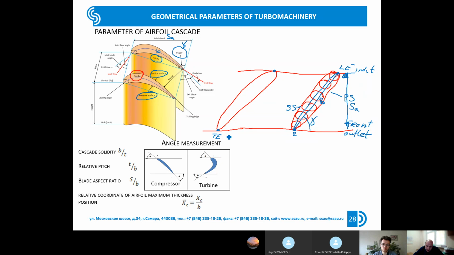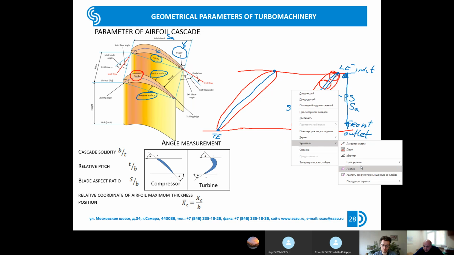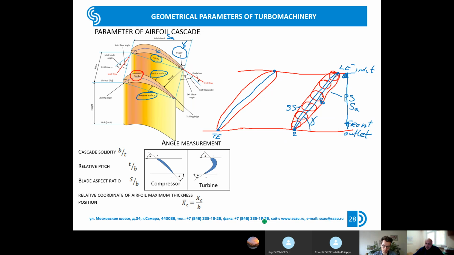Let's try to draw the camber line for this blade, and change the color. Let's make the tangent line to the camber line at point number 1.